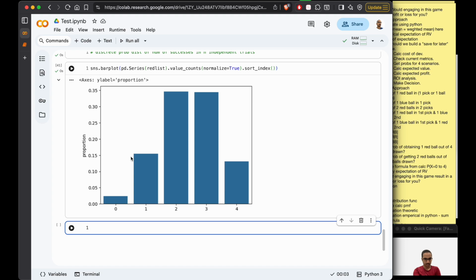This one is close to 1.6 ish. What else? Yeah, basically these are the PMF values for particular discrete random variables.